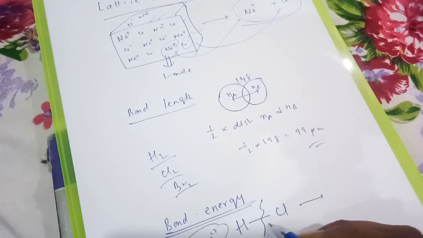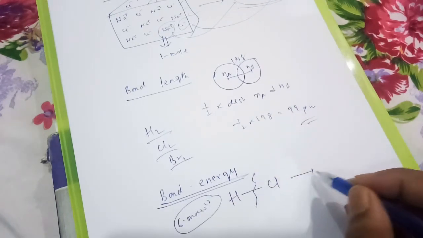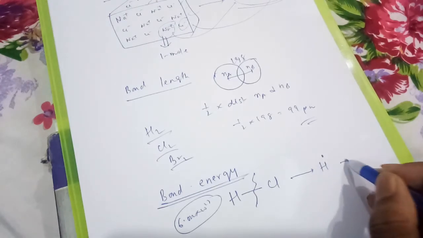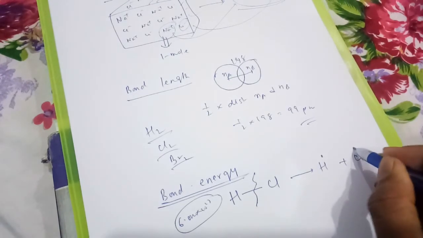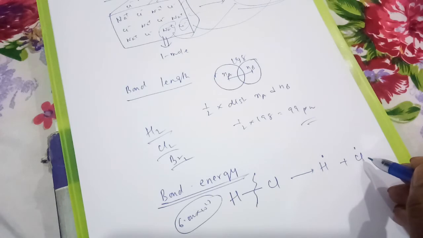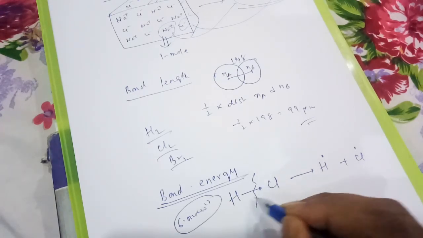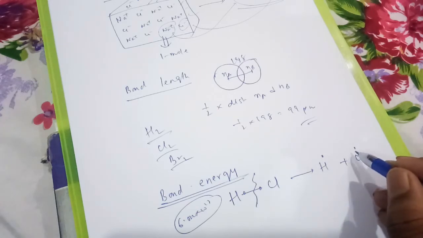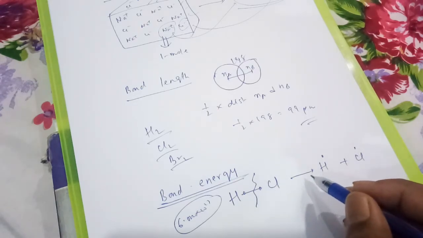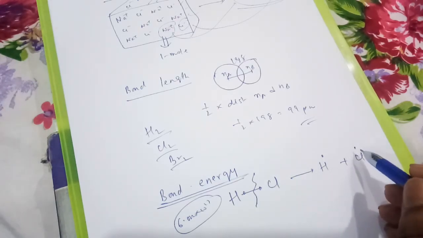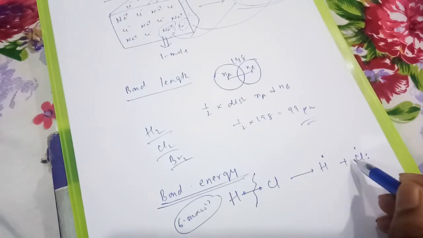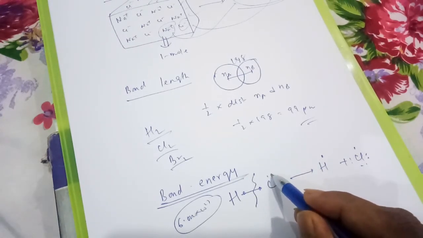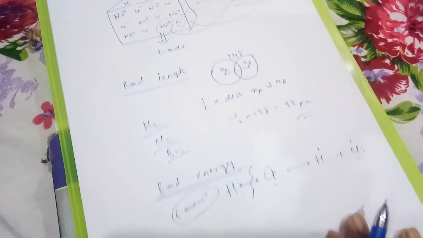What is the energy required to break this bond to get H dot plus Cl dot? Whatever the energy required, this energy is called bond energy. Now for Cl you have to show 7 electrons. If there are more electrons, it is shown like that.